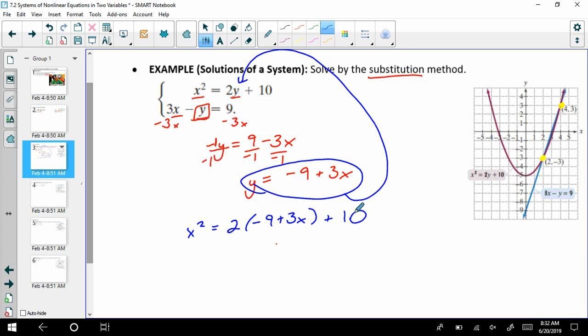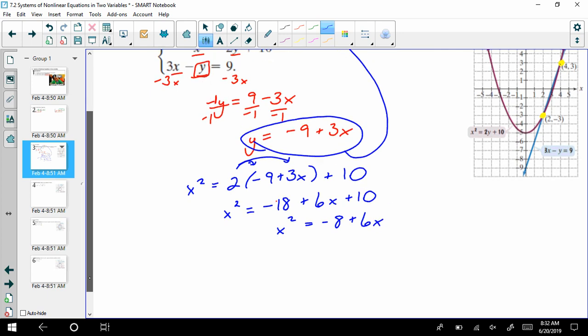And now we just have to solve this. So I'm going to distribute. Combine like terms. So -18 plus 10 is where I got the -8.